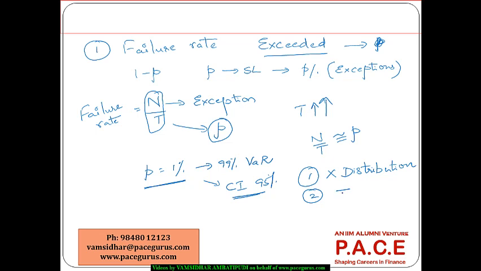It's only based on the number of exceptions that are coming up. So I can treat it as a very powerful non-parametric mechanism. And this mechanism is purely based on Bernoulli trials, or what is called the binomial distribution.